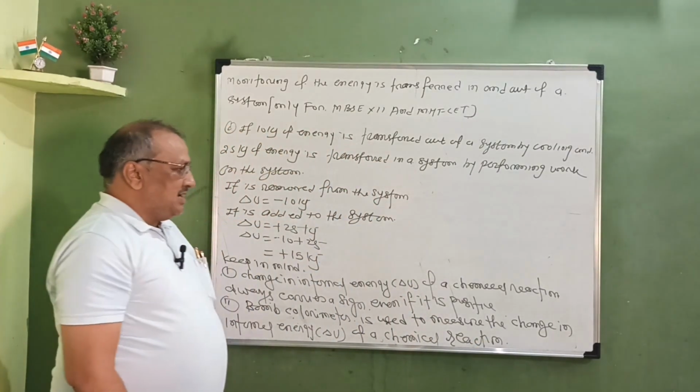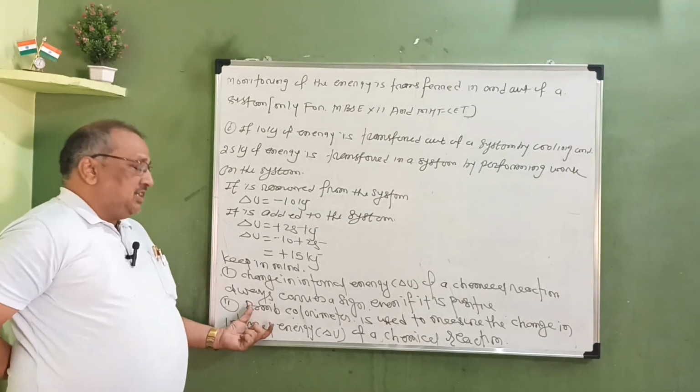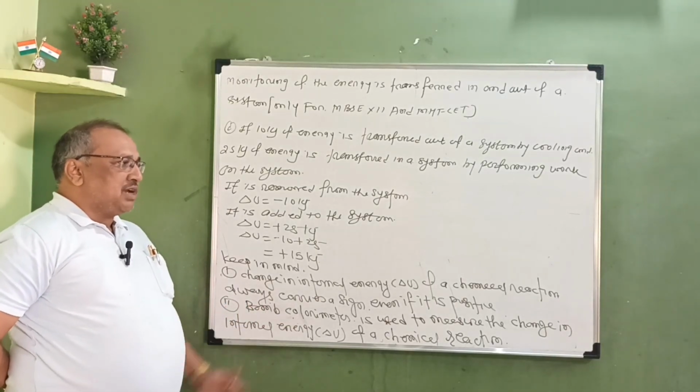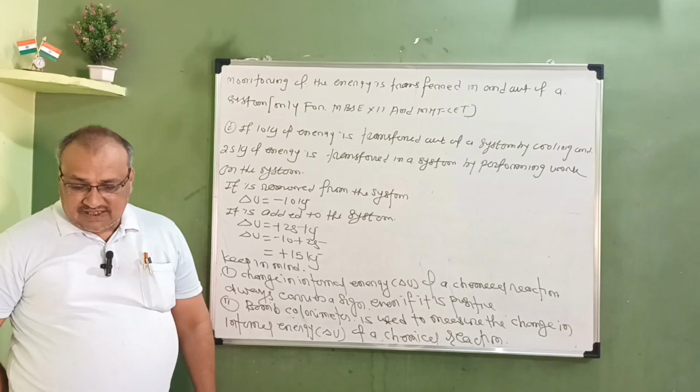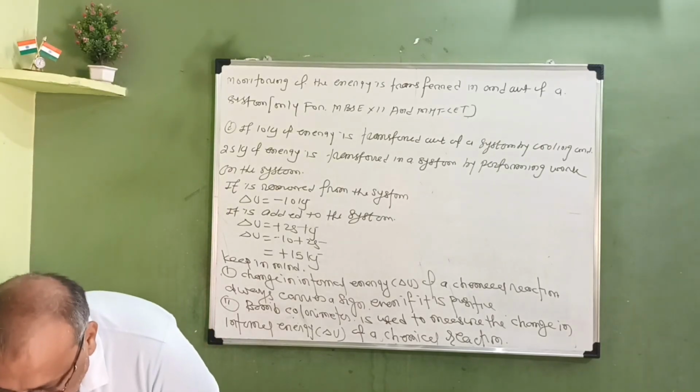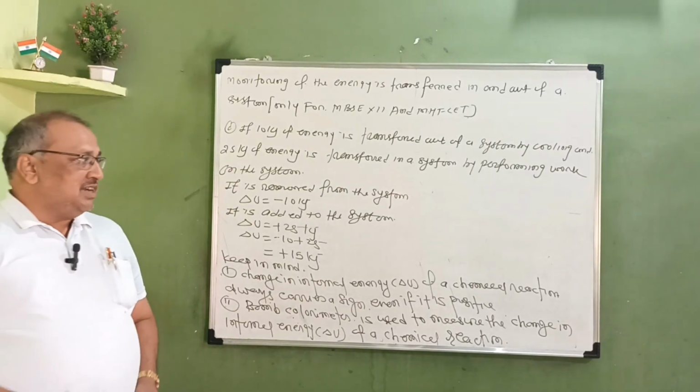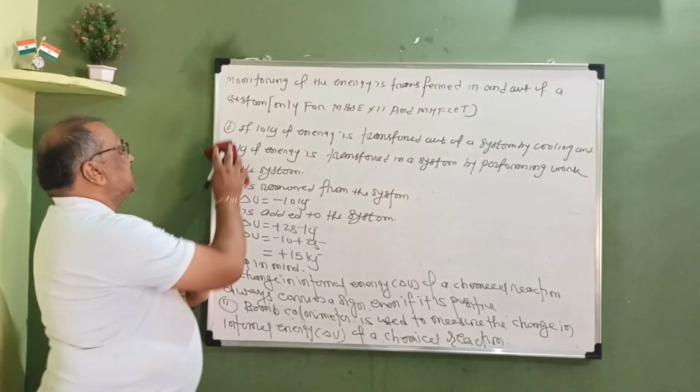Now keep in mind here, this is the name of the instrument, that is bomb calorimeter, is used to measure the change in internal energy of a chemical reaction. Now take next.